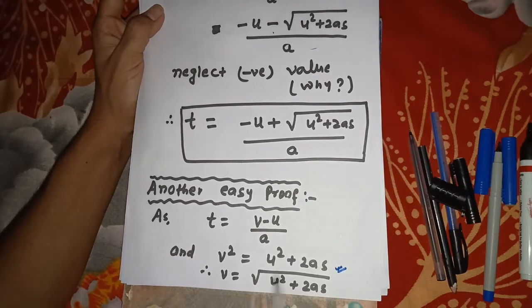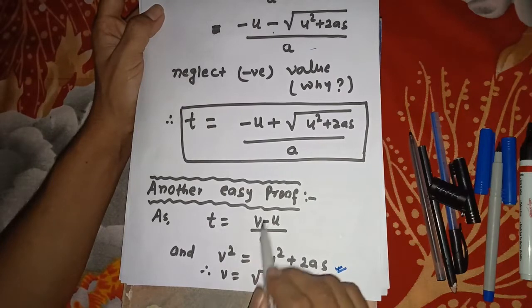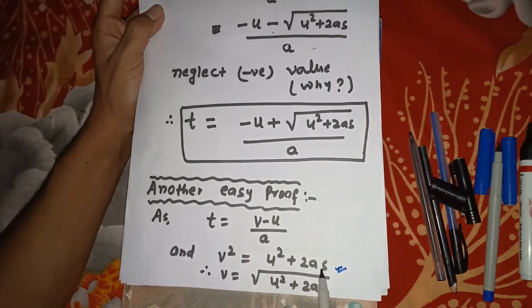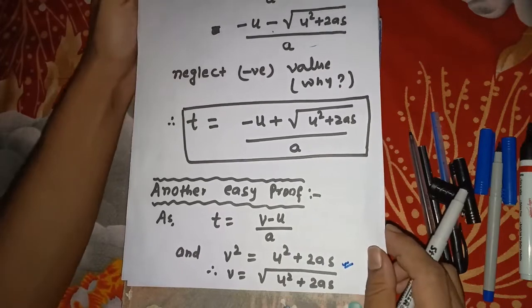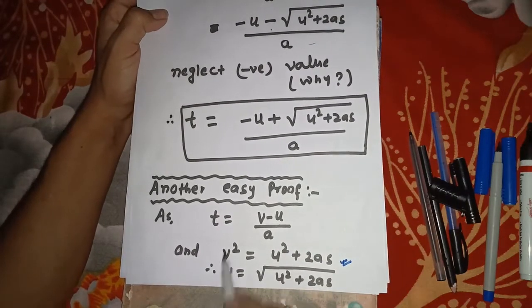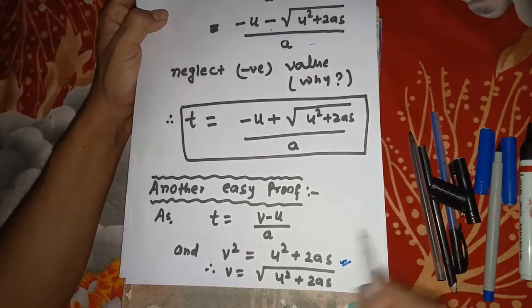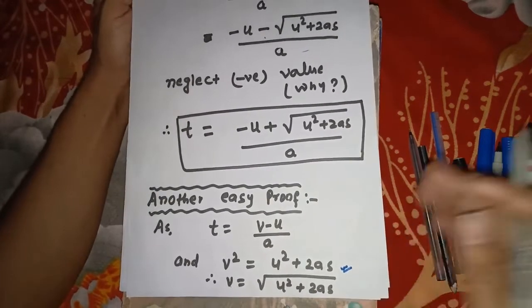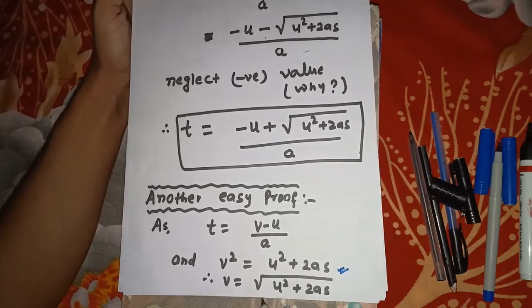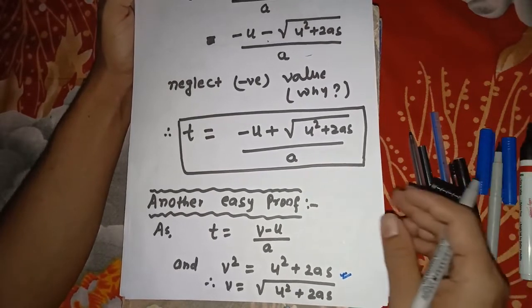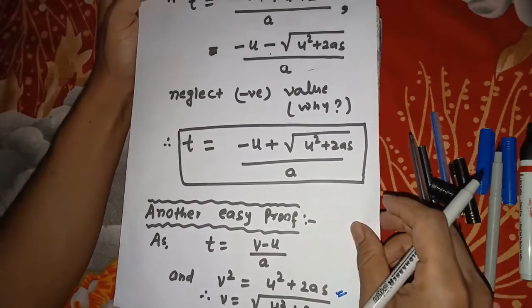Using t equal to v minus u by a and the third equation of motion, we can solve it. From the third equation of motion, we can say that v is equal to root under u square plus 2as, because the square gives root on the right hand side.